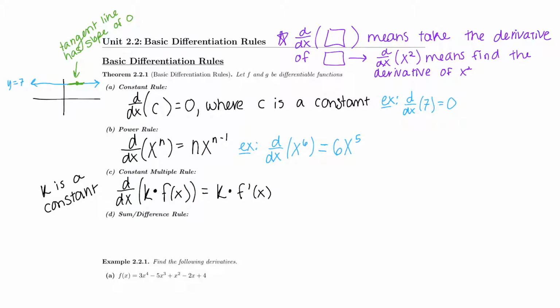So let me show you that as a small example. If I'm taking the derivative of 2x, let's say, to the 4th, 2x to the 4th, we can take that 2 and move it out in front so we're not worried about it. So 2, and then just take the derivative of x to the 4th.